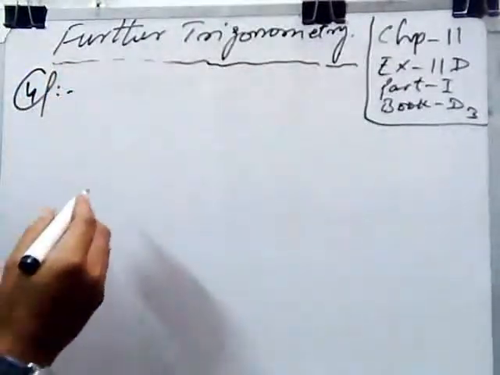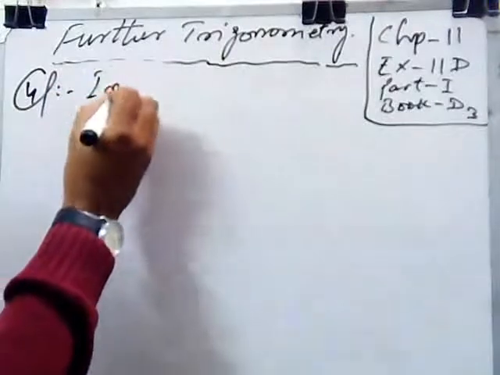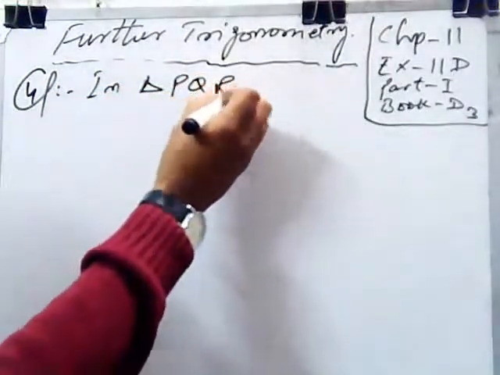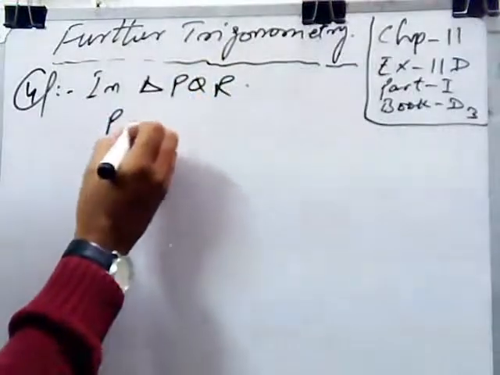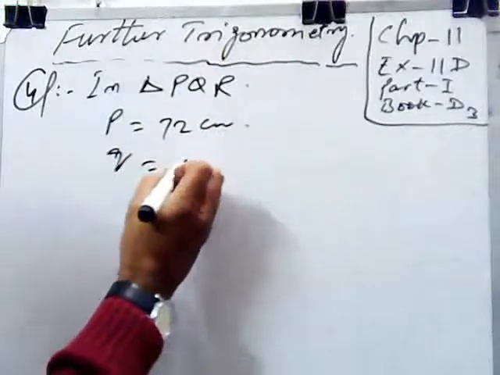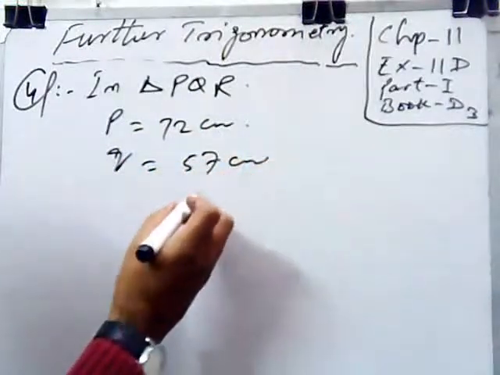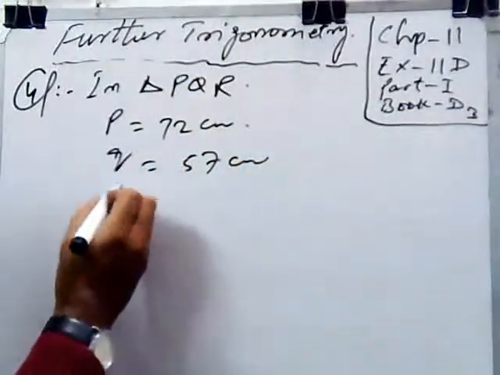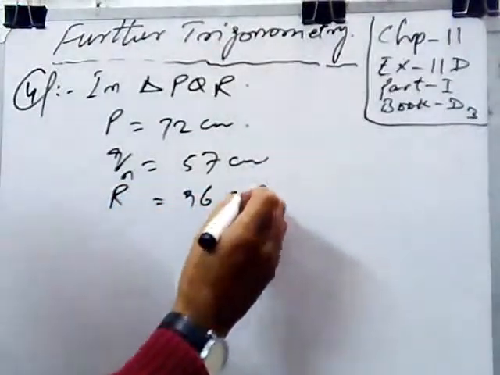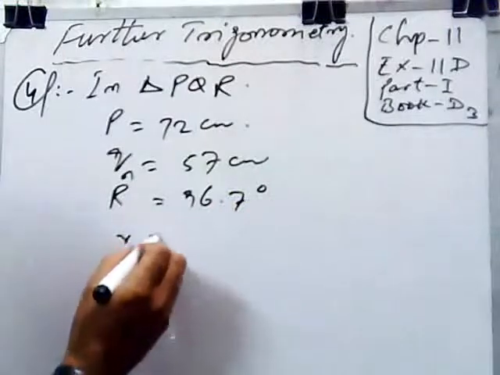Now coming to question number 4. In triangle PQR, we have been given the value of p, that is 72 centimeters, the value of q is 57 centimeters, and the angle R is 96.7 degrees. We have to find small r.